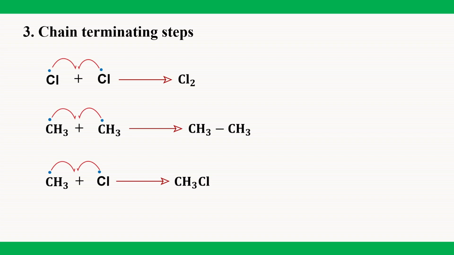In the second step, chain propagating steps, free radicals are consumed and also again free radicals are regenerated. And in the third step, joining of free radicals takes place. Two free radicals join together to end the whole reaction.